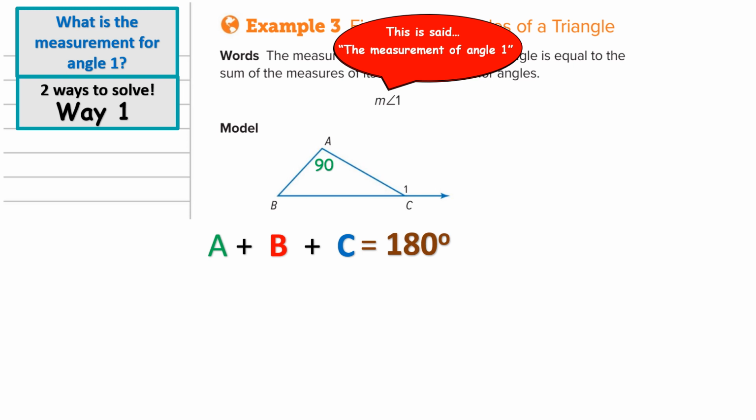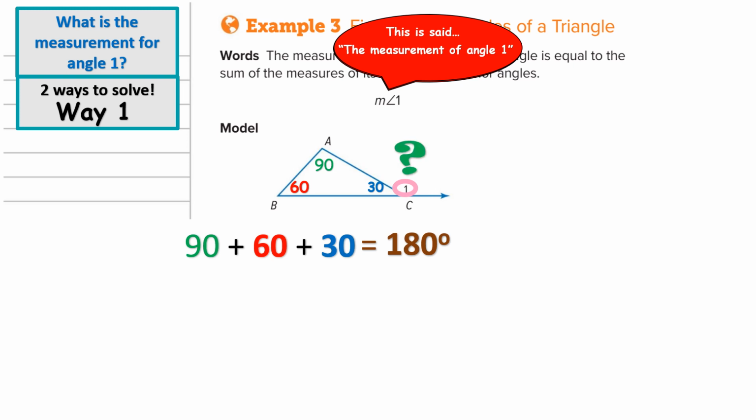But one of the things that we also look at is, well, if I know that this is 90 and I know that the B is 60, then we're going to say that the C is 30. But what is the measurement for angle 1? Right? So if I know that those all add together, can I find out what the measurement for angle 1 is? That answer is yes.